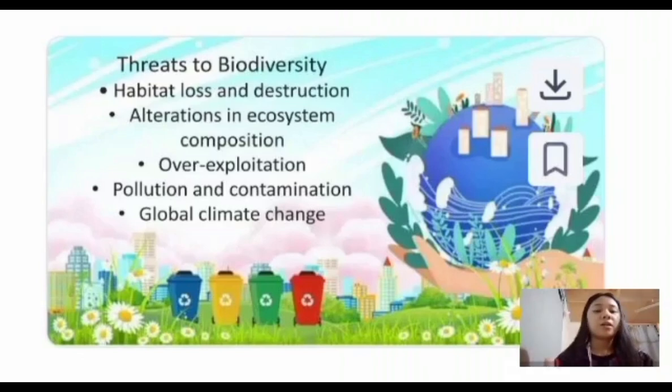The main causes are destroying habitats like forests and coral reefs, bringing in non-native species that harm local animals and plants, pollution of air, water and land, over-harvesting or hunting too many animals or cutting too many trees, and climate change caused by too much carbon emissions. All these actions are making it hard for many species to survive, and if we don't stop, more will go extinct.